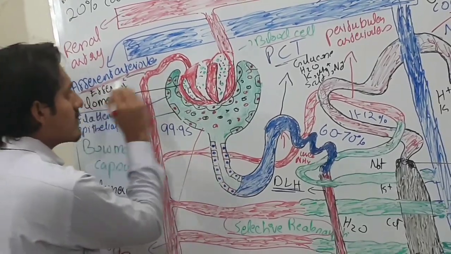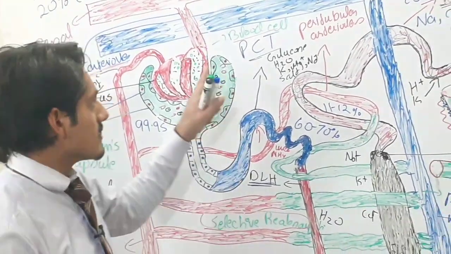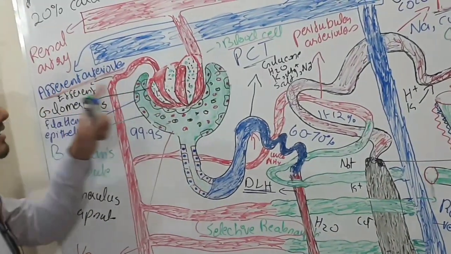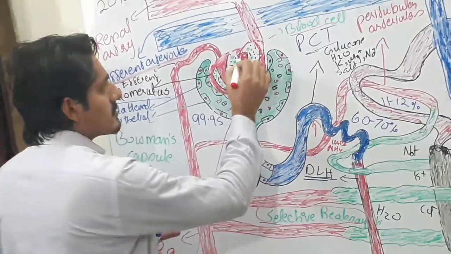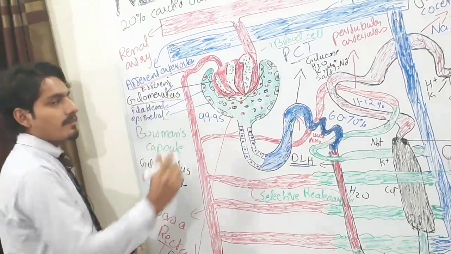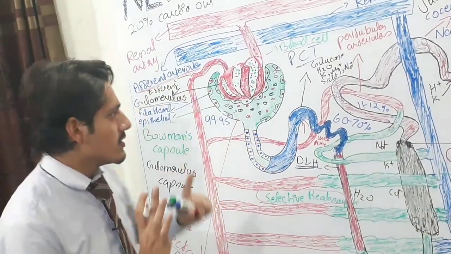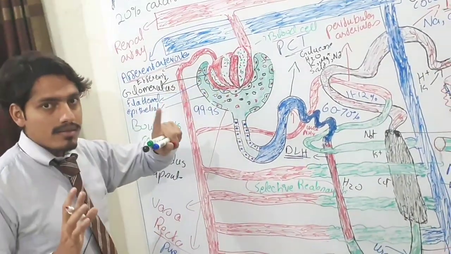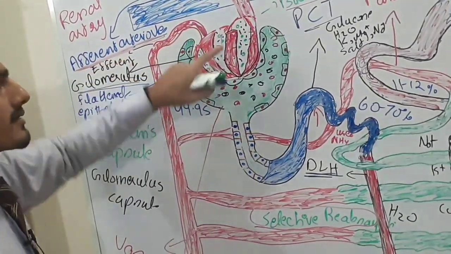The smaller arteries which are called afferent arterioles, when they enter into the nephron, further divide into a tiny network of capillaries. These tiny networks of capillaries are called glomerulus capillaries, which I have already told you. These glomerulus capillaries come from the division of afferent arterioles.